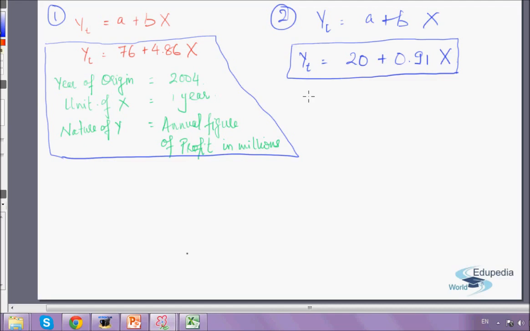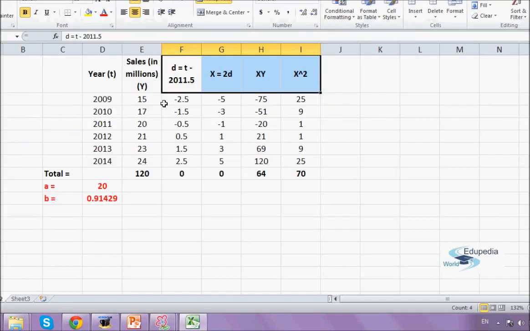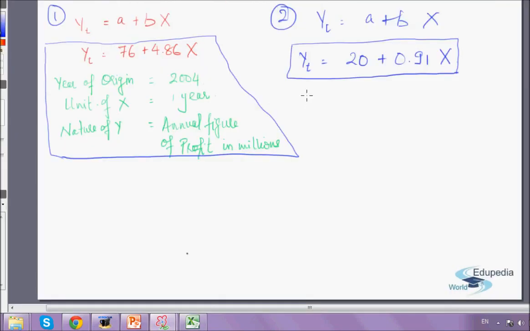and unit of x. So what is the year of origin here? Year of origin is the value in between 2011 and 2012. Now when we write the middle of these 2 years, what we mean is it's actually the end of the year 2011 and the beginning of the year 2012.